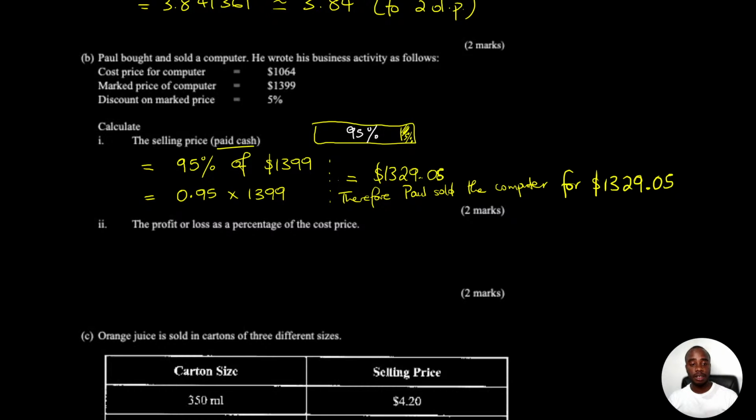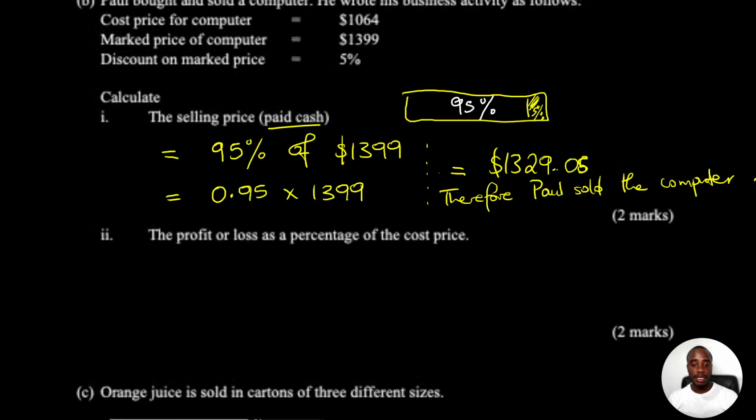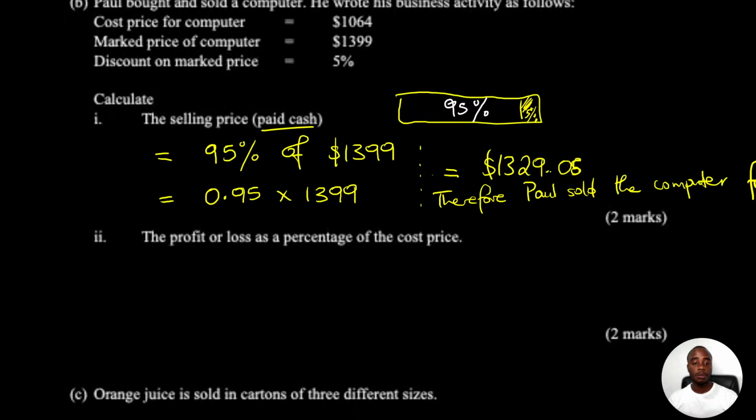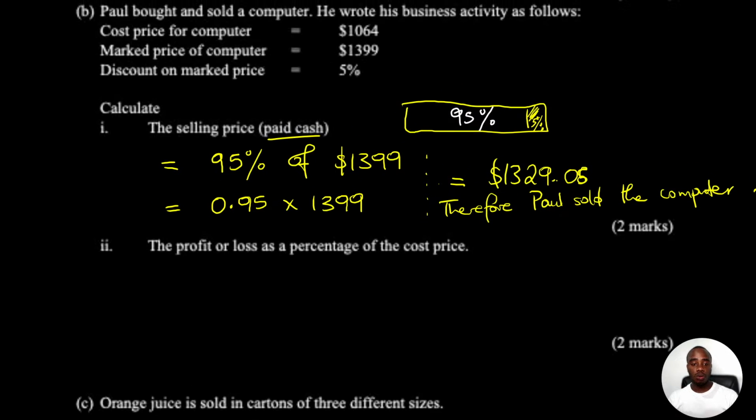It says we want to find the profit or loss as a percentage of the cost price. Cool. So first of all, is it a profit or a loss? Well, we know it's a profit if he sold it for more than he bought it. And he sold it for $1,329.05, so that would be more than what he bought it for.